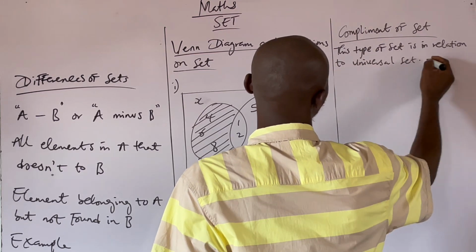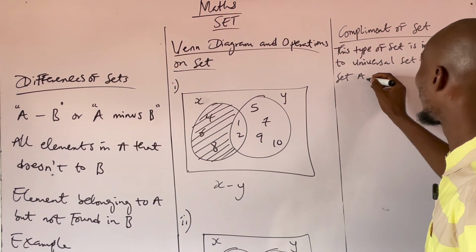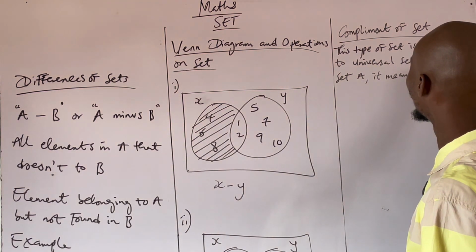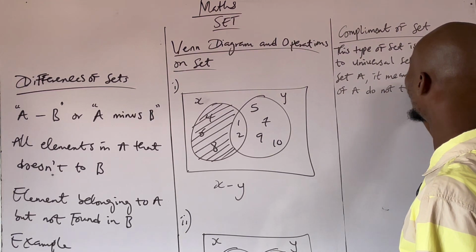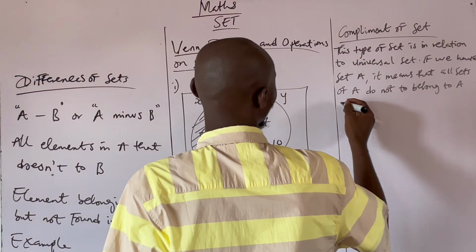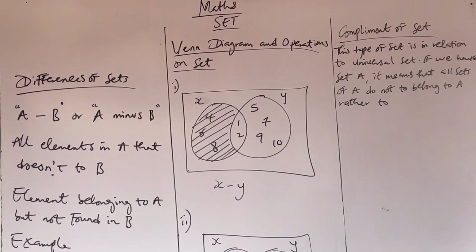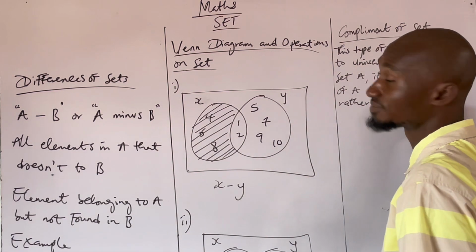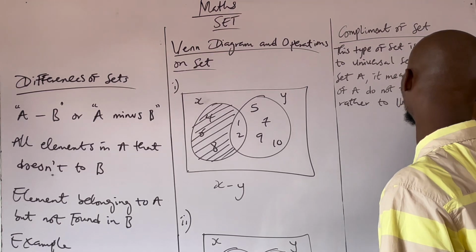So here, if we have set A, it means that all elements of A do not belong to A, rather they belong to the universal set.